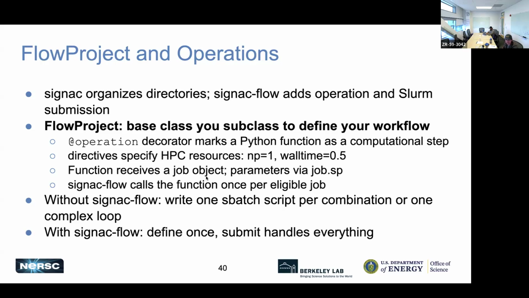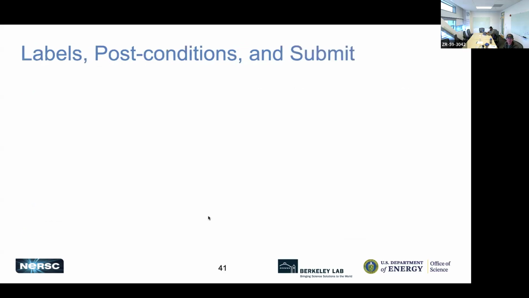This is really much better suited for smaller total numbers of state points and larger individual submissions. This is not going to batch things together into a single Slurm job. It's going to do individual jobs for state points.